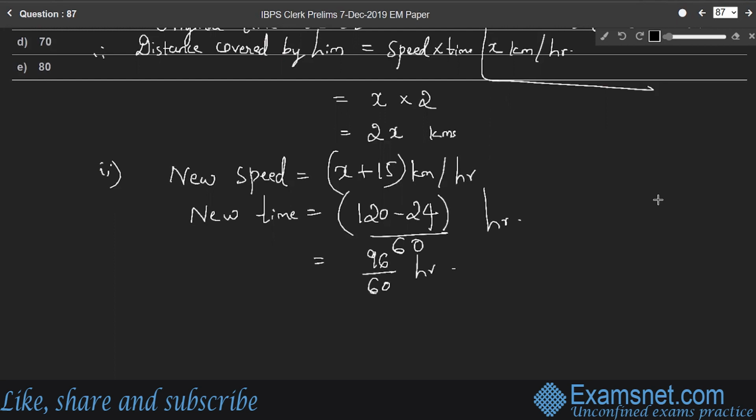Or we can still simplify. It is easily divisible by 12, I think. So 12 into 8 is 96 and 12 into 5 is 60. So 8 by 5 hour. So the new time, that is the time taken by the boy in the second case, is 8 by 5 hour.